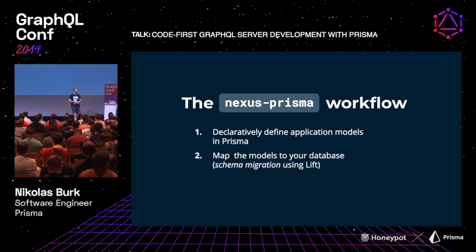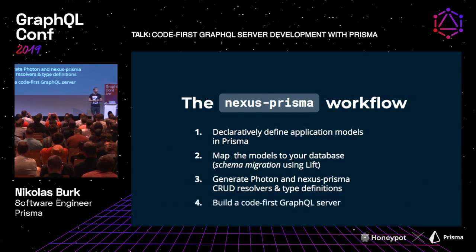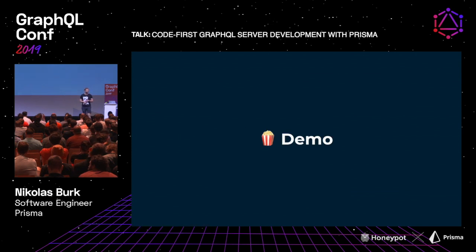The next step is that you map those models to the underlying database. You can do that with a schema migration, with Lift, for example. Then you will generate the Photon database client and the Nexus Prisma CRUD resolvers and type definitions. And then you can go ahead and start building your code-first GraphQL server.